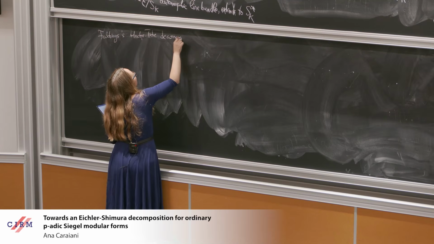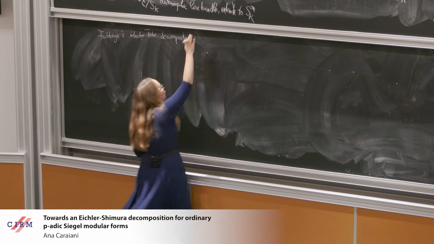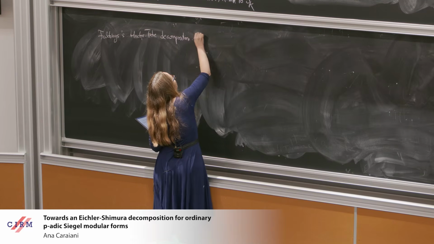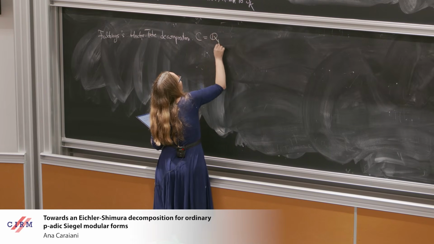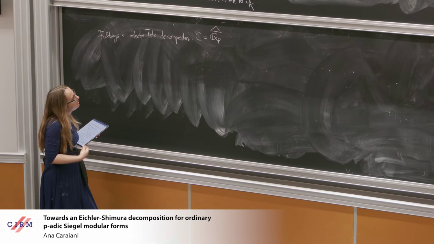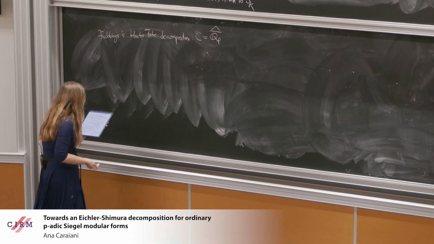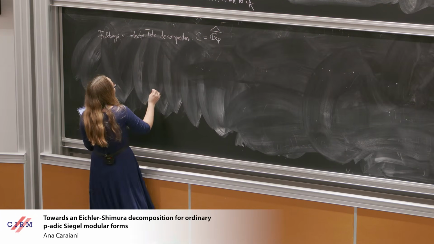So you compare these two different cohomology theories. And in order to do that, you need to extend scalars. In this case, I'm going to fix my prime p and take the p-adic completion of an algebraic closure of Q_p. And just for now, I'm going to extend scalars to this.